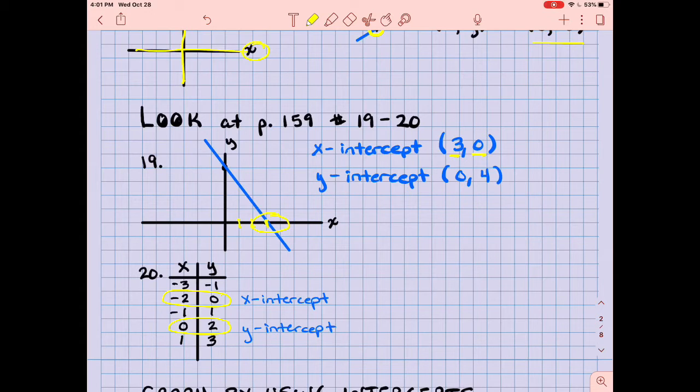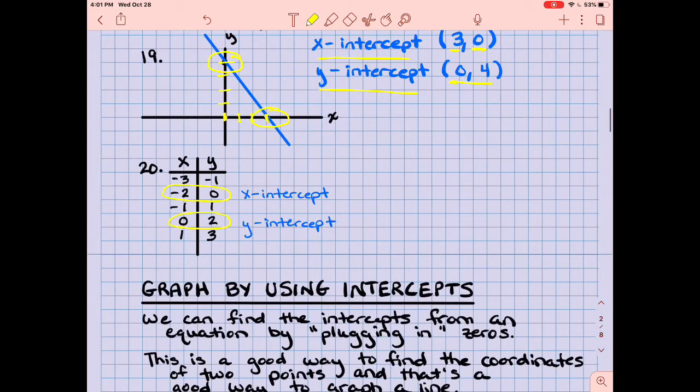The x-intercept of this line is (3, 0). The y-intercept is where it crosses the y-axis, and that is where x is 0, because we didn't go left or right, and then we go up 1, 2, 3, 4, and so the y-intercept is the point (0, 4). That's how you read that off a graph.